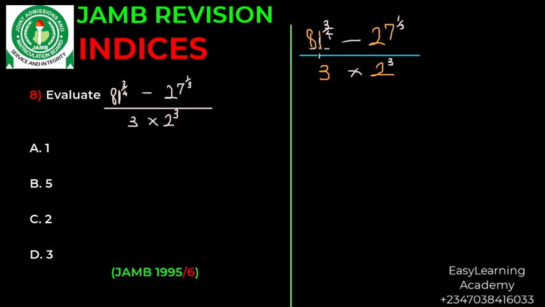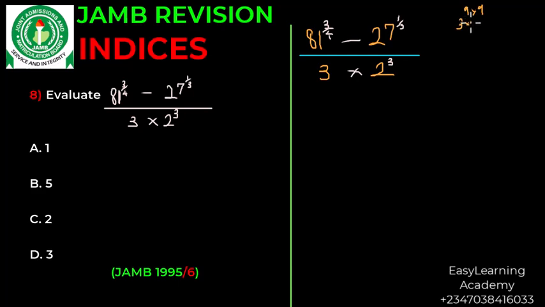Now, starting with 81, we need to break it down so that we can have a common power for it. 81 is 9 multiplied by 9, and 9 is 3 times 3.